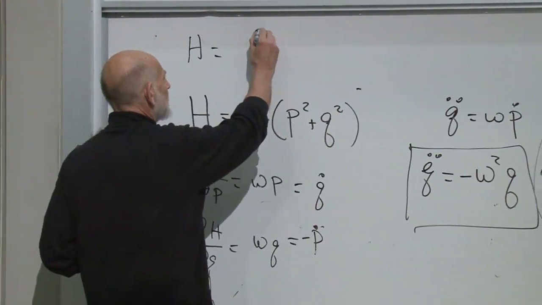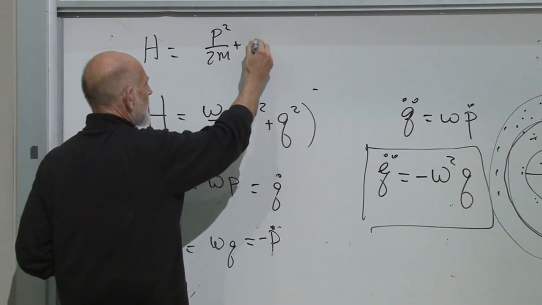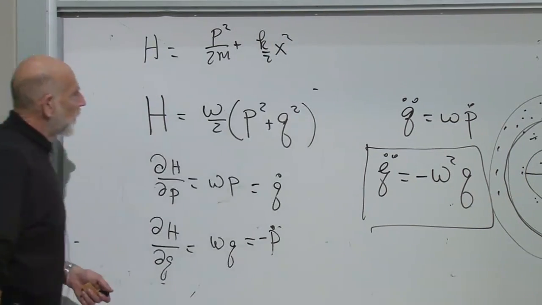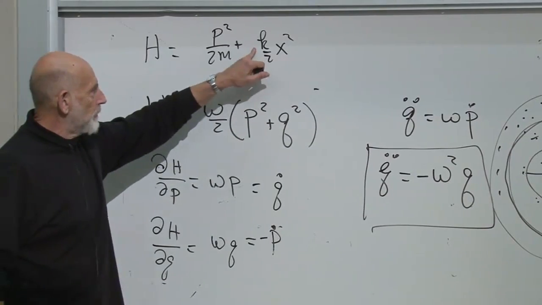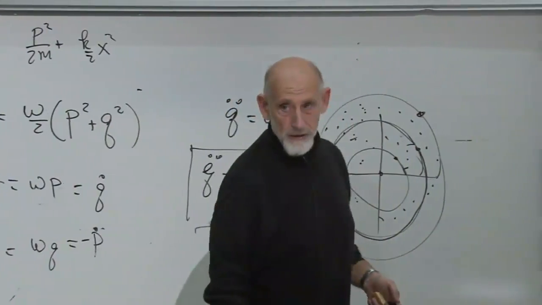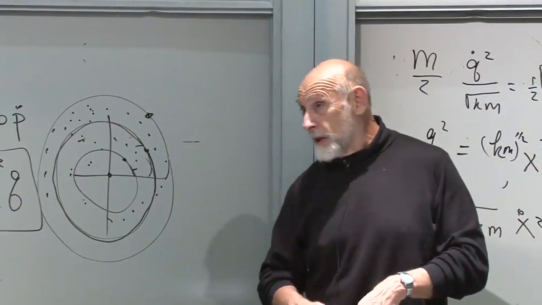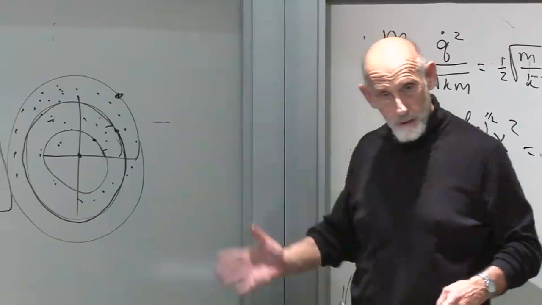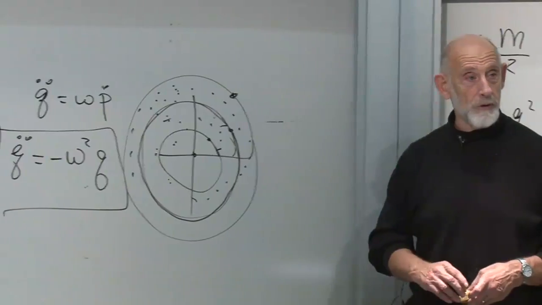I would have gotten a different P squared over 2m plus k over 2, x squared. So what we would have said is that the energy is a certain coefficient times p squared plus another coefficient times x squared. And as you say, we would have ellipses instead of circles. So that really was the primary reason why I made this change of variables: to illustrate how symmetric the system really is when the right variables are used.